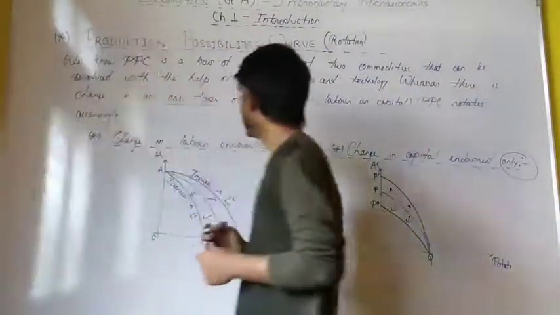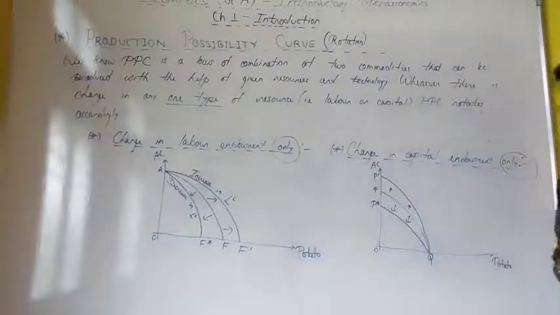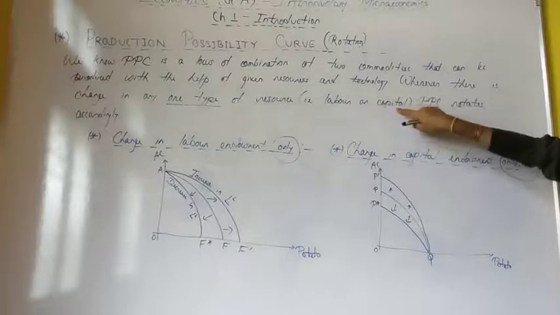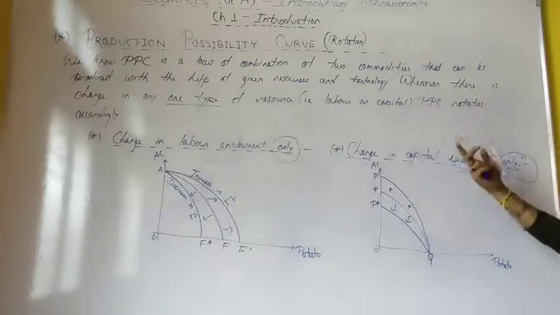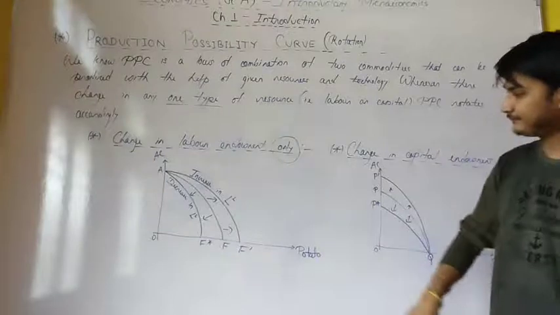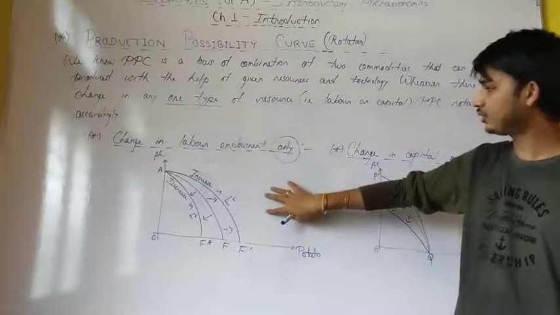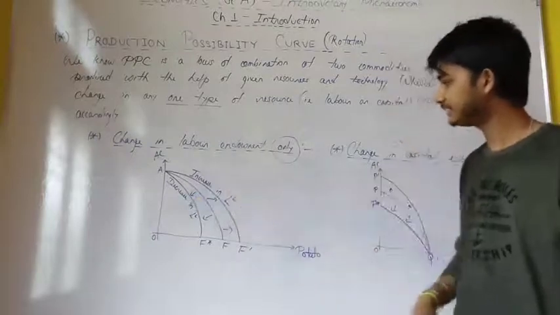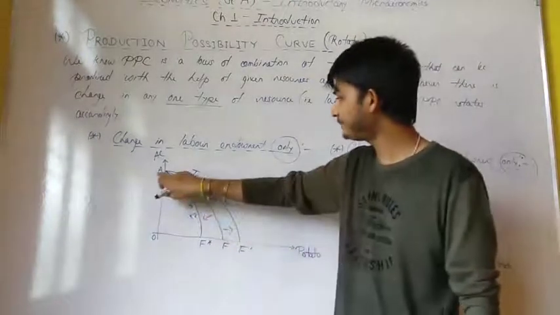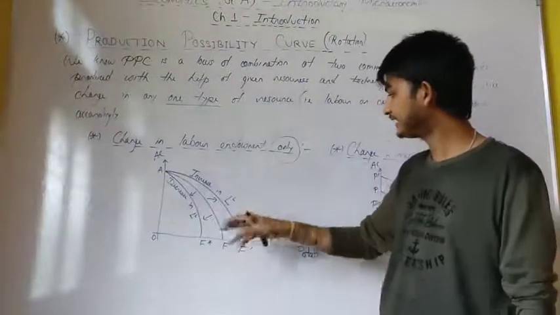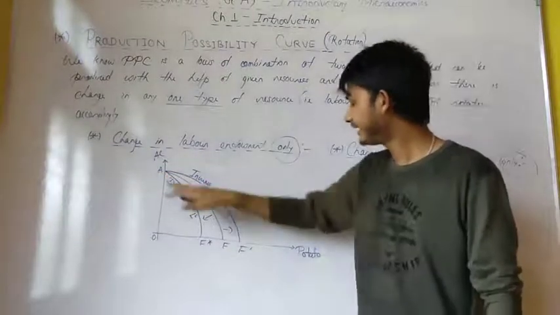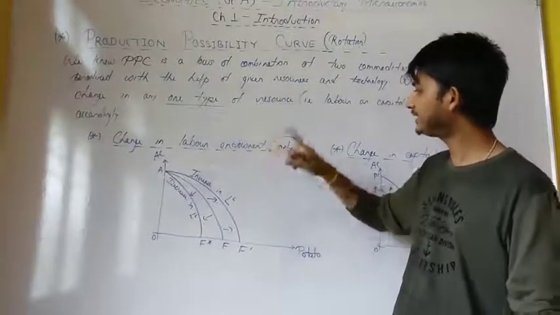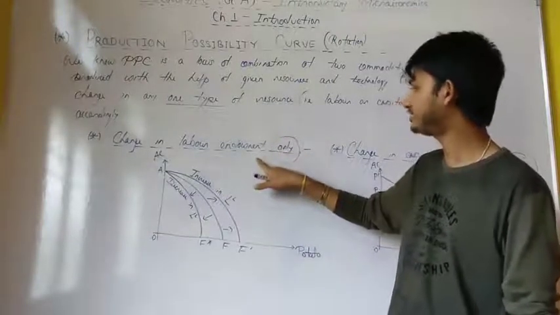That means whenever there is a change associated with any one type of resource, that could be the labor resource or the capital resource, the PPC will rotate. In this diagram, the change got associated only with the labor endowment. Whenever there was an increase in labor endowment, the initial PPC AF rotated to AF dash, because the capital endowment didn't change, only the labor endowment changed.